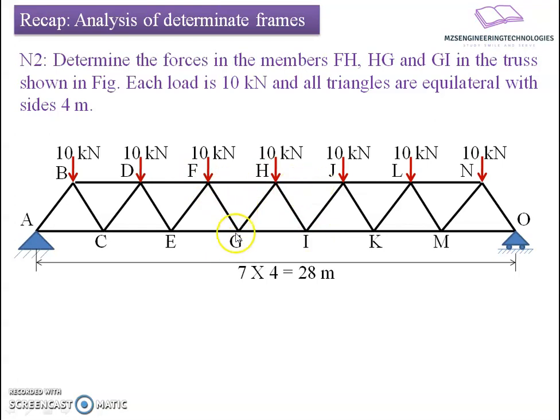Only three member forces are being asked here, so I will not go for analysis of the complete structure. What I will do is pass a section through FH and GI and apply the equilibrium equations. Seeing the time constraints, I will continue with this numerical in the next lecture.